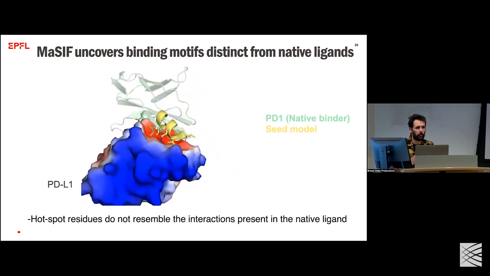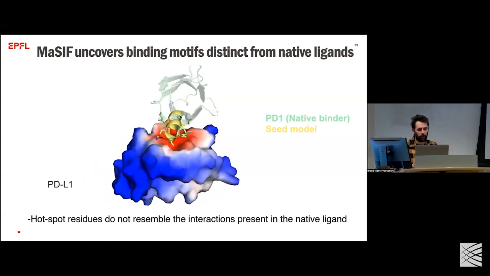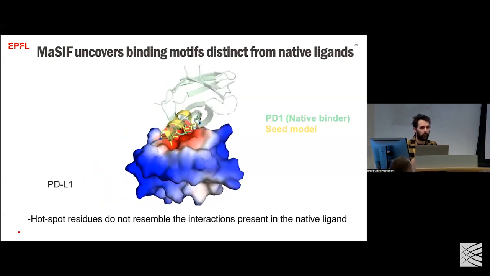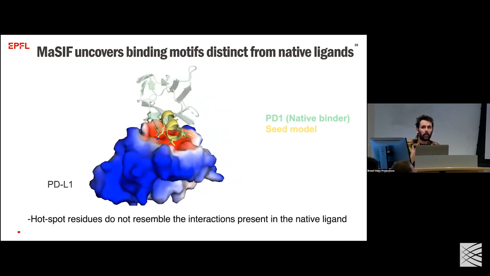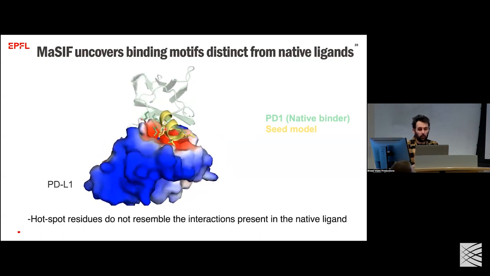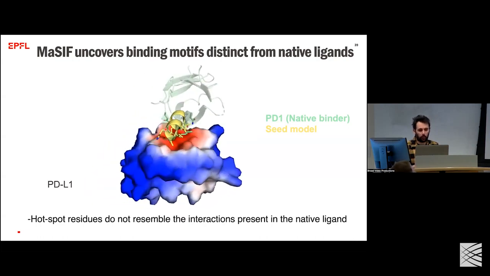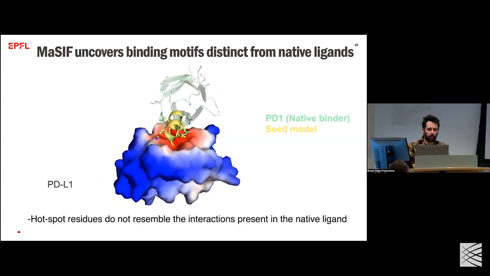And what we did is a completely different secondary structure that uses completely different types of side chains to create a functional protein-protein interface. Really telling us that, in principle, we are exploring new motifs for protein-protein interactions, which we are accessing through these surface fingerprints.